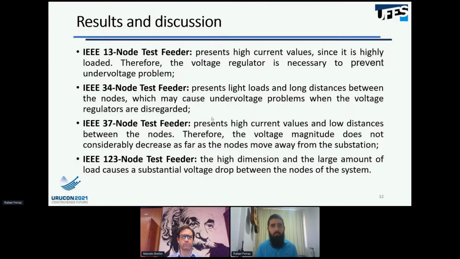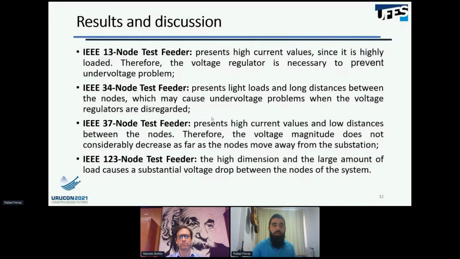About the node test feeders that were used here, the first one, the IEEE 13 node test feeder, presents high current values since it's highly loaded. Therefore, the voltage regulator is necessary to prevent undervoltage problems. The IEEE 34 node test feeder presents light loads and long distance between the nodes, which may cause undervoltage problems when the voltage regulators are disregarded.